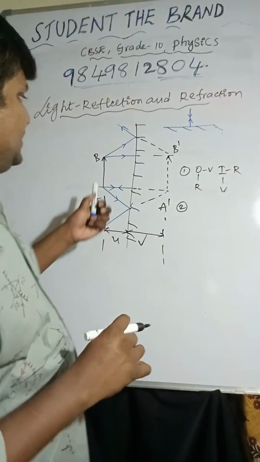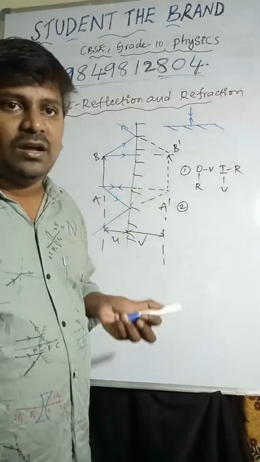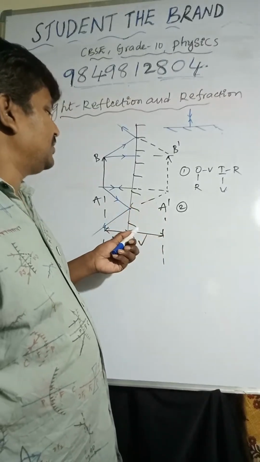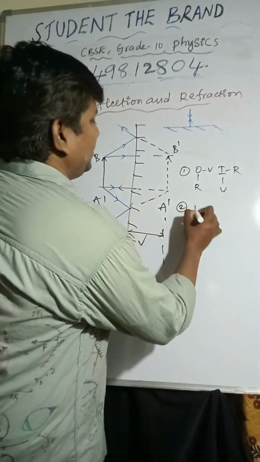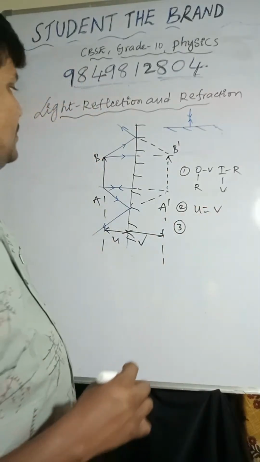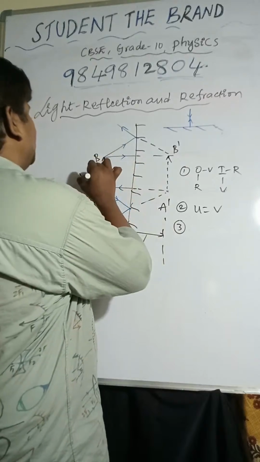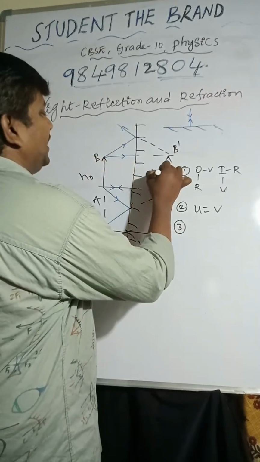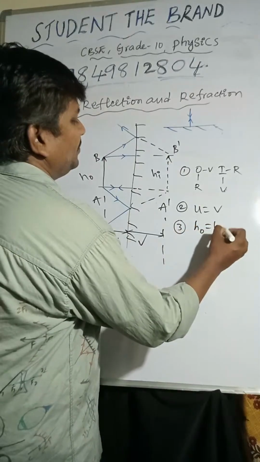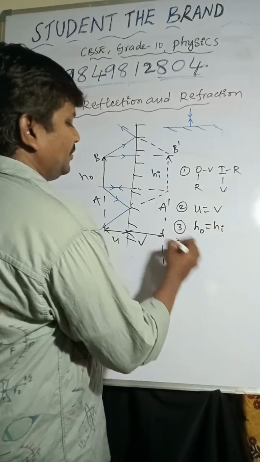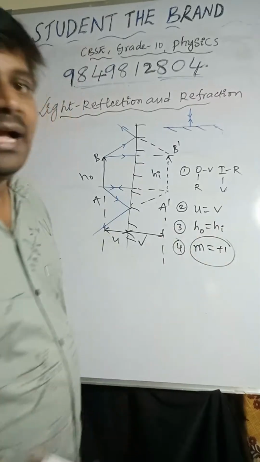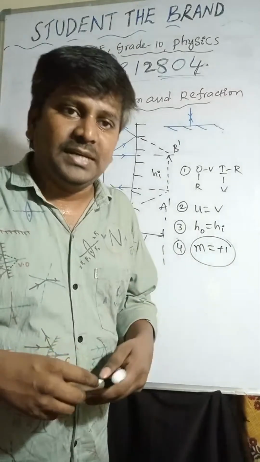In a plane mirror, object distance is equal to image distance. Height of the object is equal to height of the image. And fourth, the magnification of the plane mirror is +1.